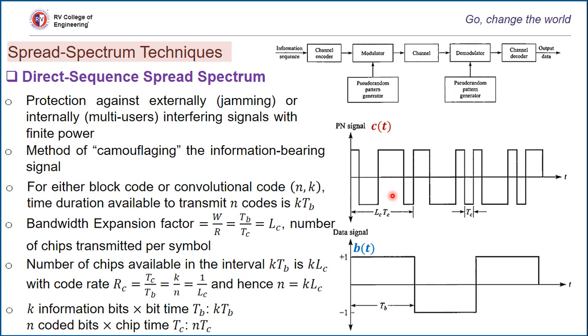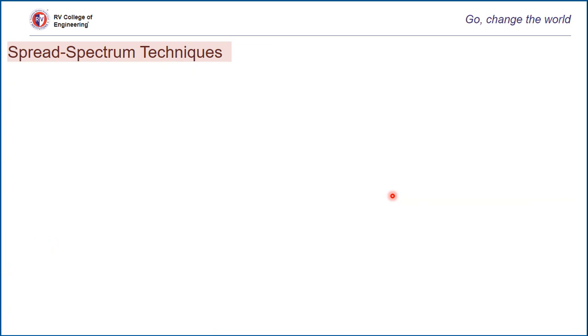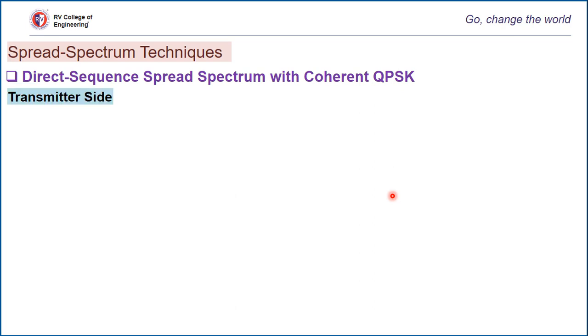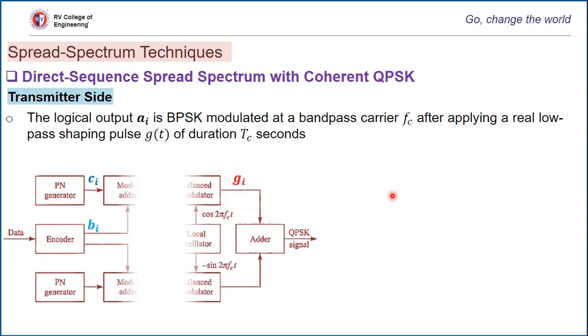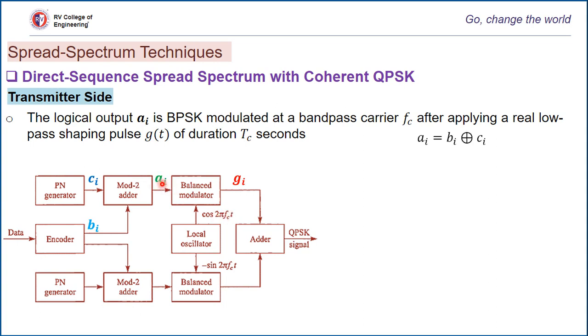Well, let's try to understand the actual theory behind direct sequence spread spectrum, in particular with coherent QPSK. The logical output ai here is BPSK modulated and then product modulated with the carrier fc. The ai is generated by taking modulo 2 addition of bi and ci.